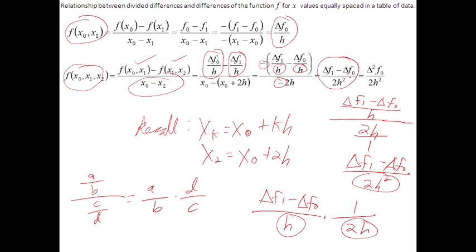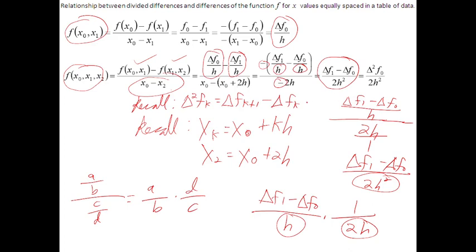And then how did we get delta squared f0? Let's recall again that delta squared f sub k equals delta f sub k plus 1 minus delta f sub k.